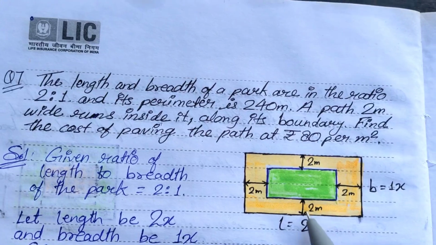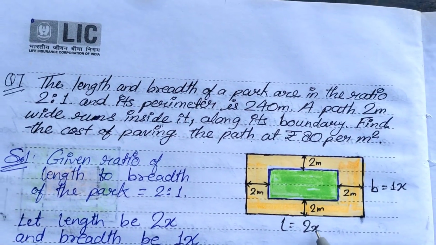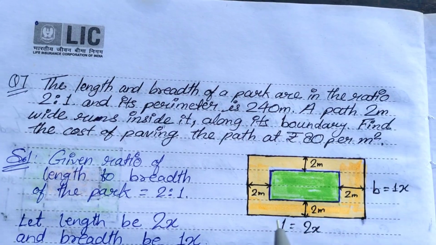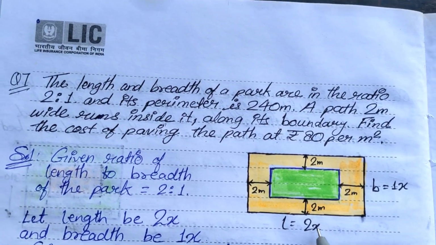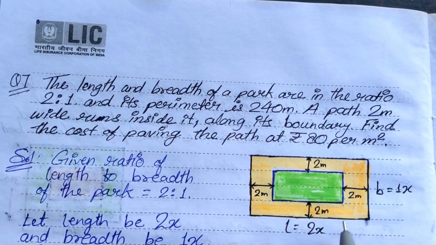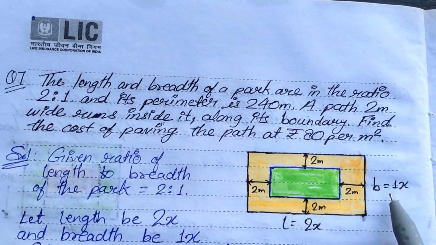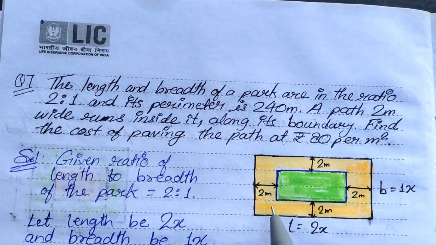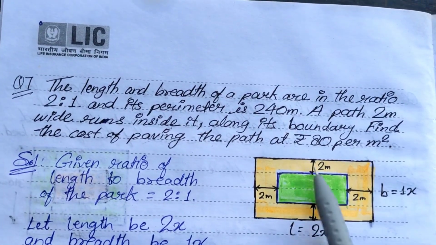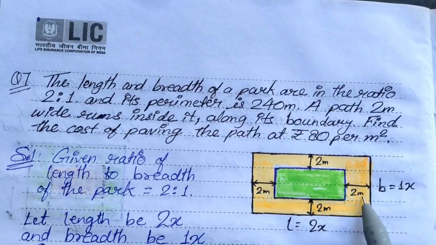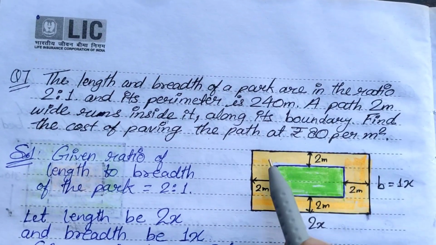So according to the question, the figure is this. The length and the breadth are in the ratio 2:1, so let length be 2x and breadth be 1x. Now a path 2 meter wide runs inside it along its boundary. So this is the 2 meter path all around the boundary.